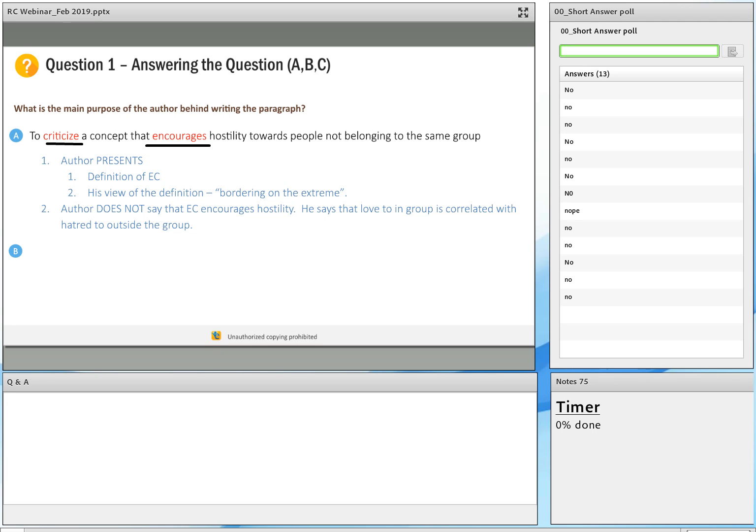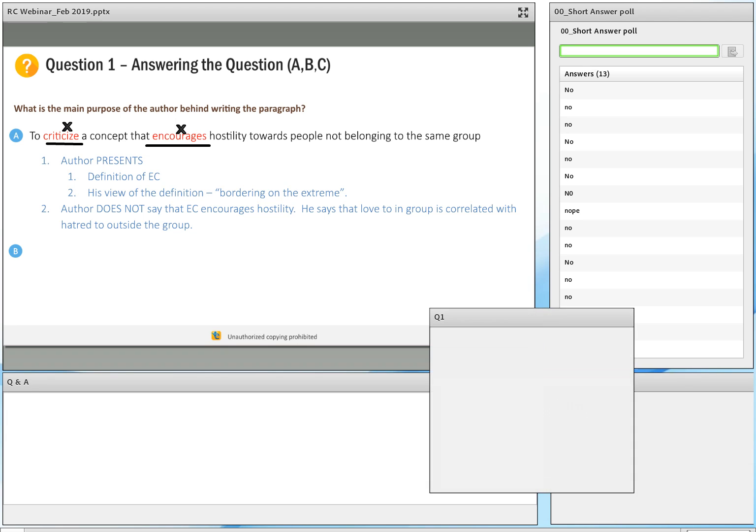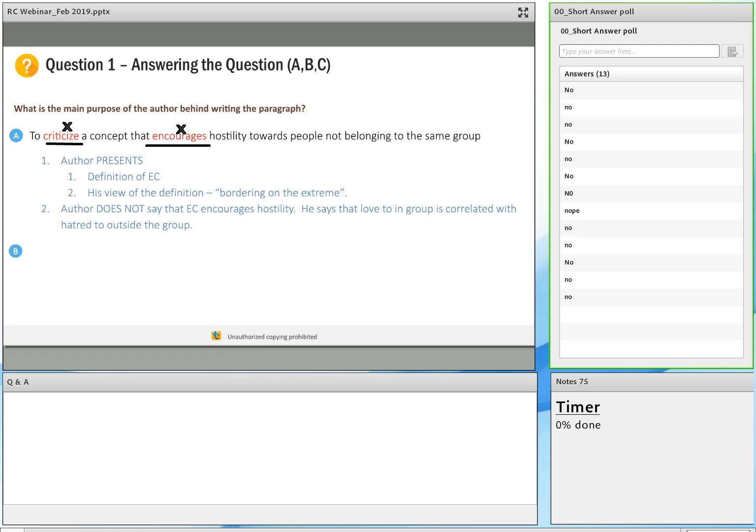So when you look at choice A, you say this is wrong, and hence choice A cannot be correct. But 10% of you chose choice A over here. Now let's look at choices B and C because they were a lot more popular.